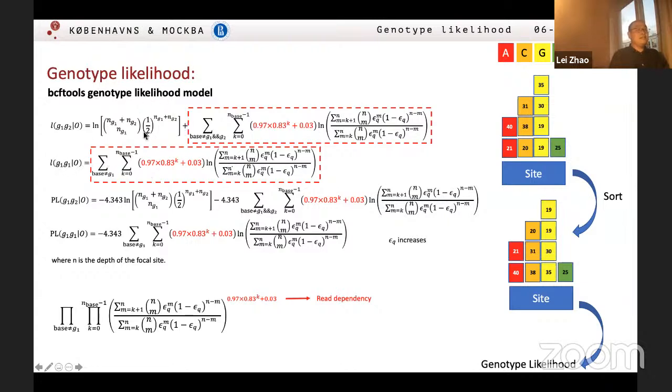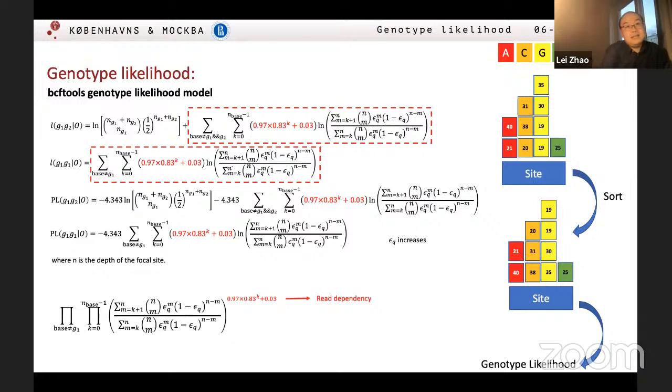And this part, as you see, is basically just a binomial probability, and these parts are quite similar to each other. The right part here is because BCFtools, unlike GATK, doesn't assume all the reads are independent of each other.